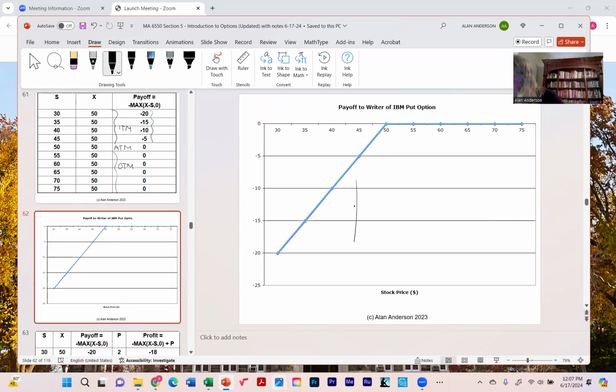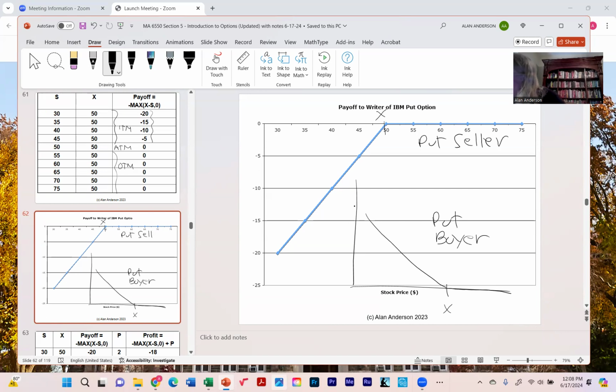Remember what it looked like for the buyer? And here's our put seller. Once again, the buyer's position has been flipped upside down to get to the put seller's position.